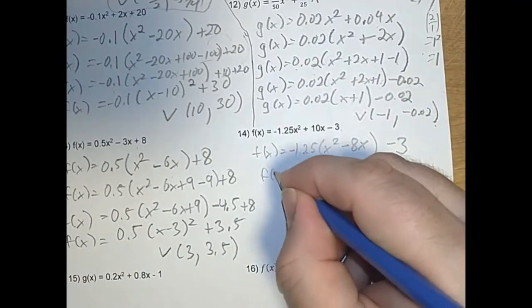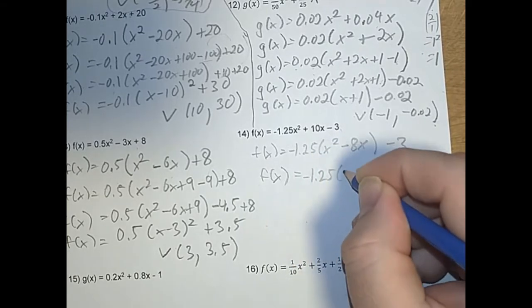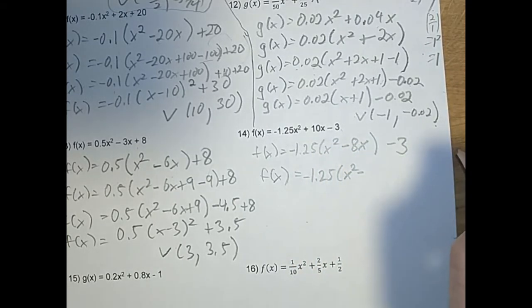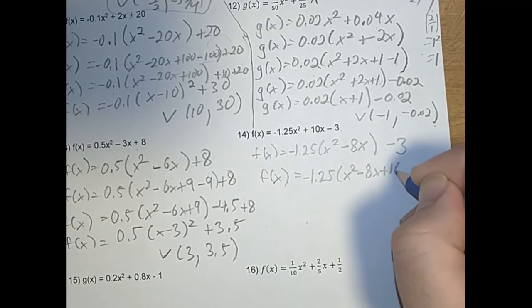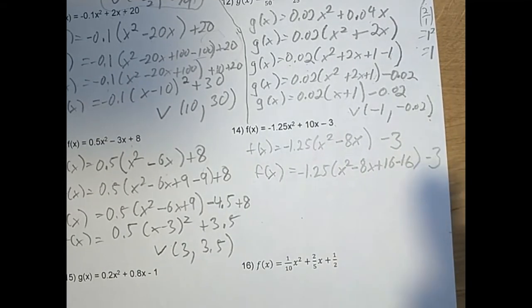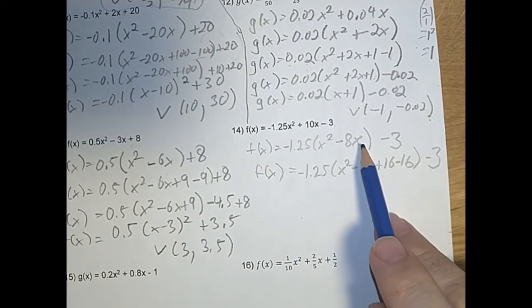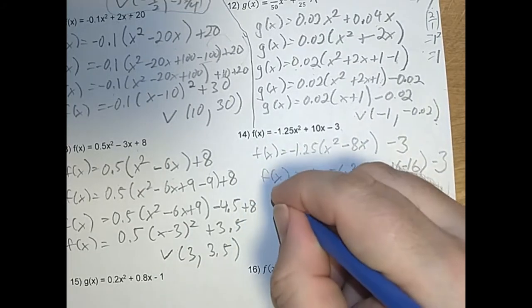Now take 8 divided by 2, which is 4. 4 times 4 is 16. So 8x plus 16 minus 16. And at the end, you still have the minus 3. Now you always take the negative 1 out.